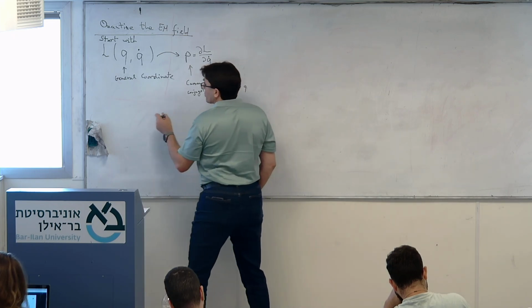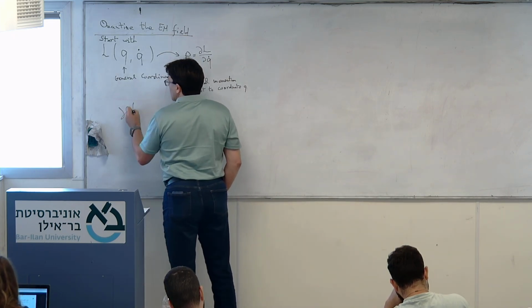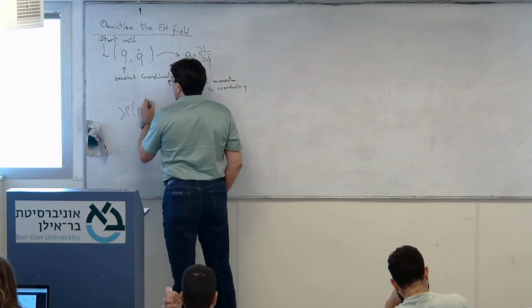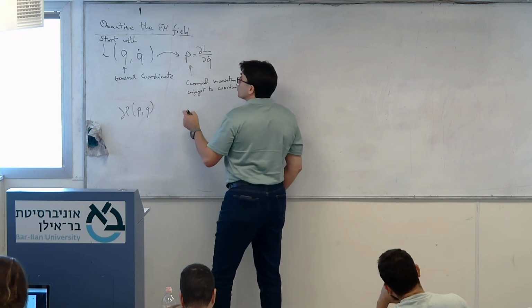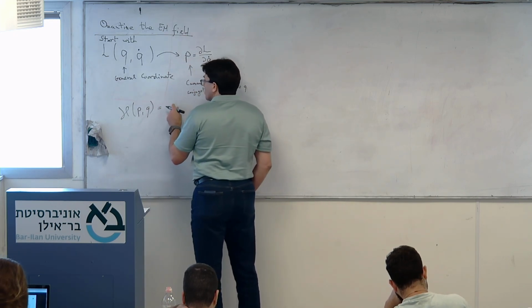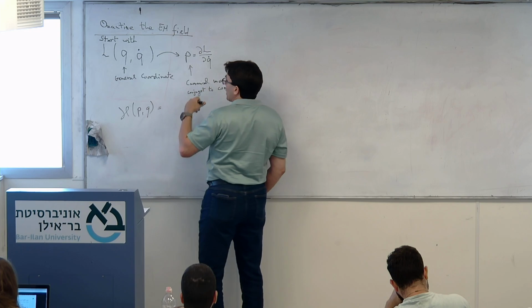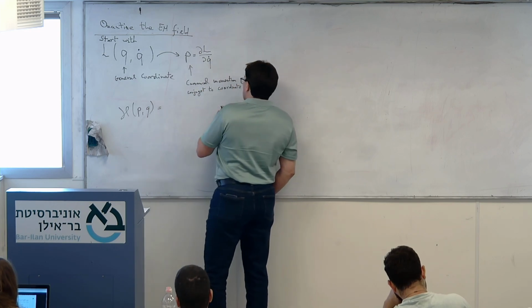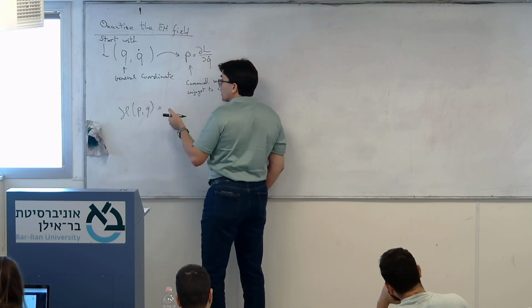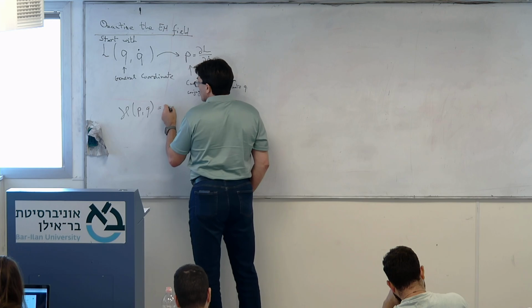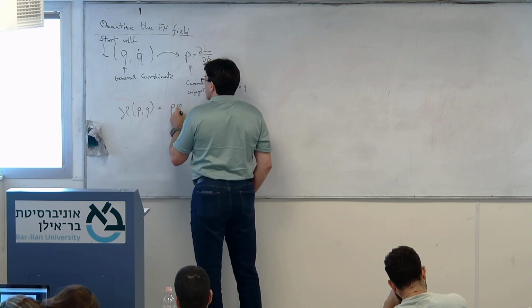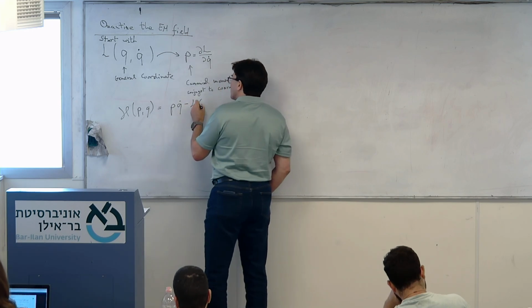Then you can write a Hamiltonian, which is a function of p and q, which is the, not Laplace, sorry, Legendre transform of the Lagrangian, which is just p q dot minus the Lagrangian.